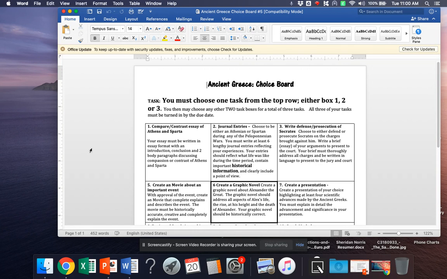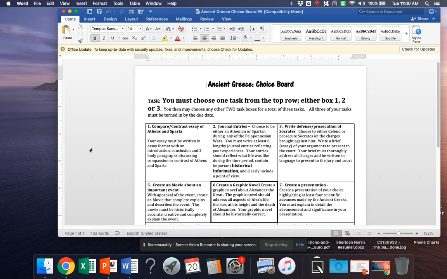Those of you that enjoy creative writing, you are going to create journal entries. Choose to either be an Athenian or a Spartan. And I don't say that you have to be a man or a woman. You can choose either one of those that you would like to be. They each have different roles.